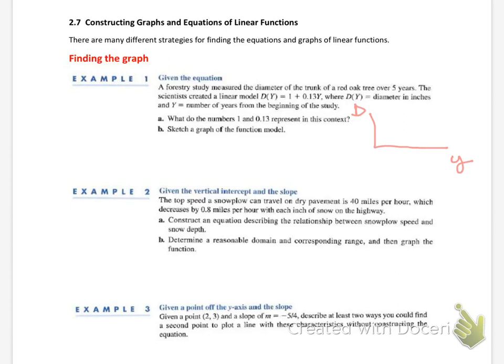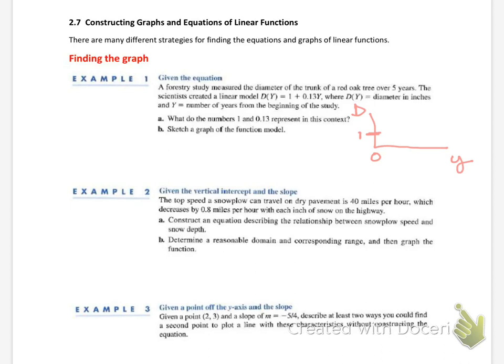So 1 is that at year 0, when we start measuring, the diameter of the trunk is 1 inch. So at year 0, when we're starting our measurements, the tree trunk has a diameter of 1 inch.